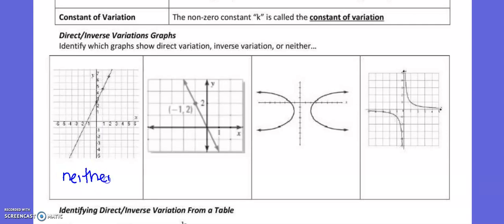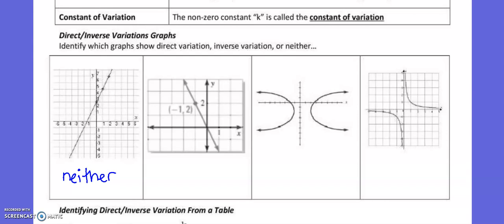This one is neither. It can't be an inverse variation, because that's where I have that boomerang type picture. And it's almost a direct variation, but a direct variation goes through the origin. This one does not. So this one's neither direct nor inverse.